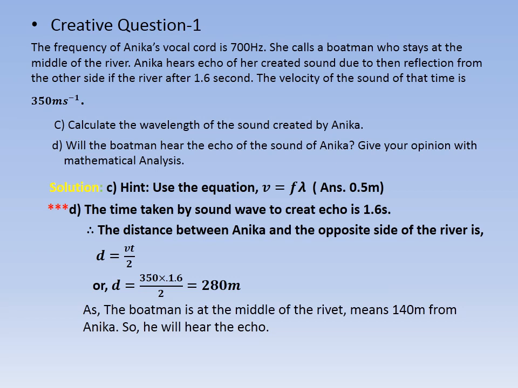That means she has heard the echo after 1.6 seconds. We know the minimum required time is 0.1 second, and 1.6 seconds is more than 0.1 second. So the echo can be heard here. The velocity of the sound at that time is 350 meter per second.